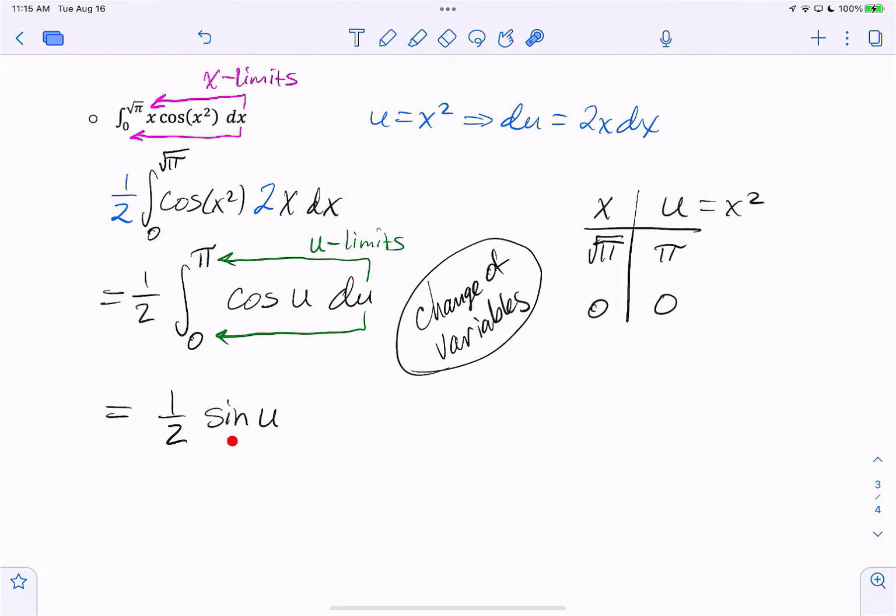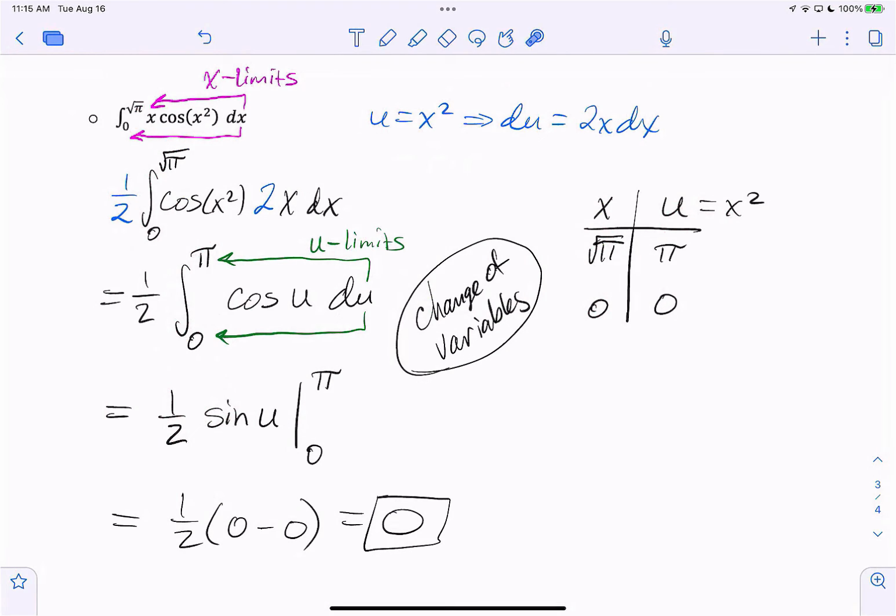At this point I differentiate in my head. The derivative of the sine is a positive cosine, so I don't need a negative. We're good there. I don't write plus c because this is a definite integral. I'm going to evaluate from 0 to pi, and here we end up with 1/2 of the sine of pi, which is 0, minus the sine of 0, which is 0, and the answer turns out to be 0.